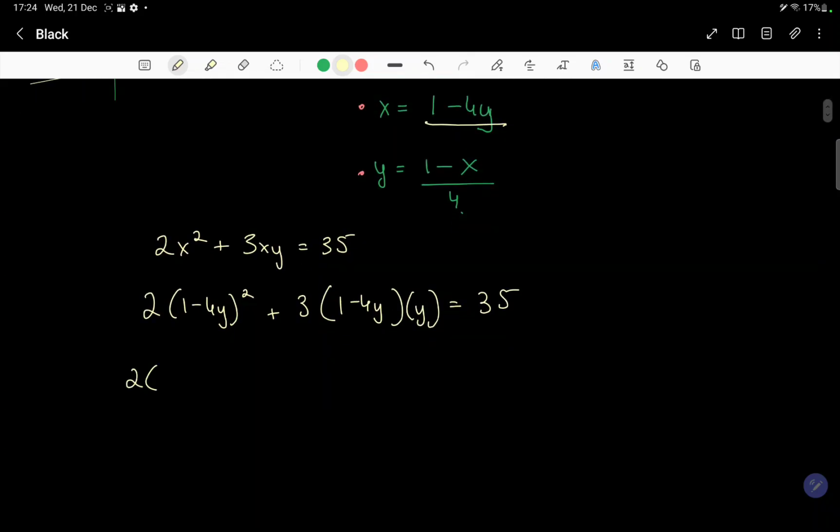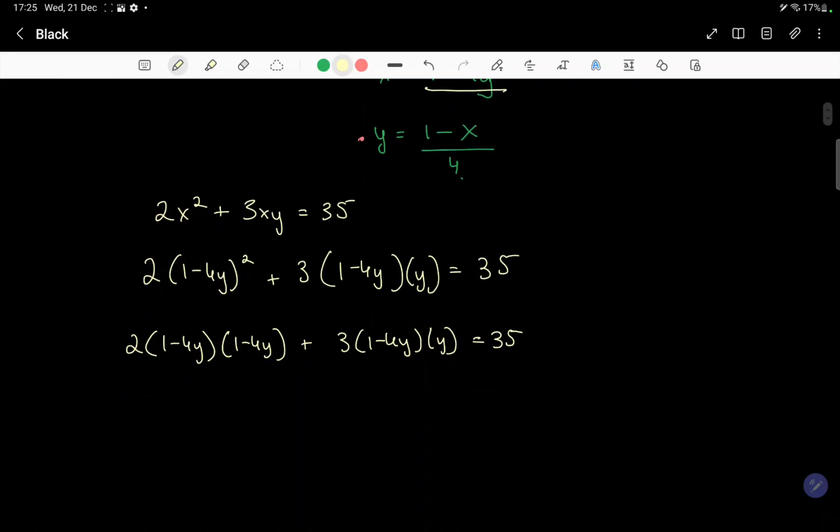So we're just going to expand that bracket out, and then multiply this whole section together. So you can do the brackets first. 1 times 1 is 1, minus 4y, minus 4y, plus 16y squared, plus 3 times, and then multiply the y in.